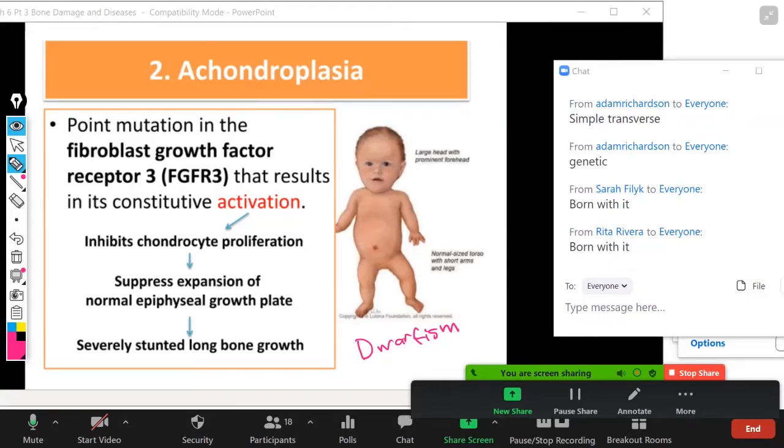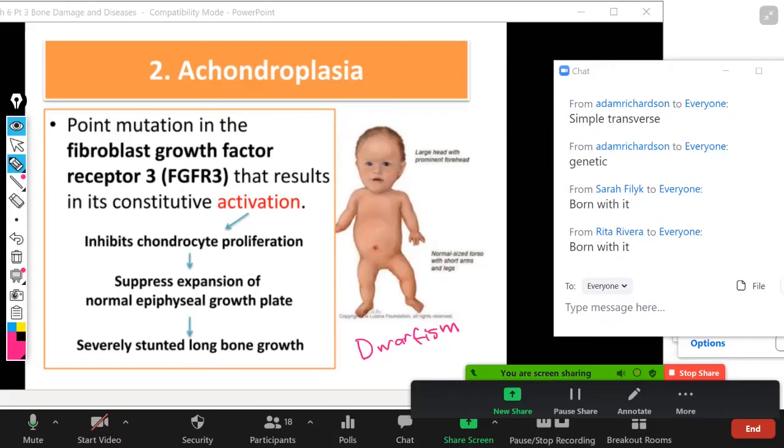So when it occurs in families, if someone inherits the gene for this from both parents, typically they don't make it to term. So miscarriages in that case. But if an individual just inherits one of these dominant genes from one parent, it can result in this dwarfism, achondroplasia.